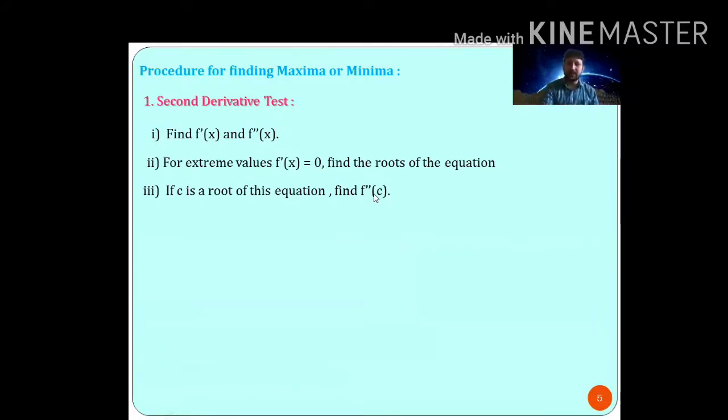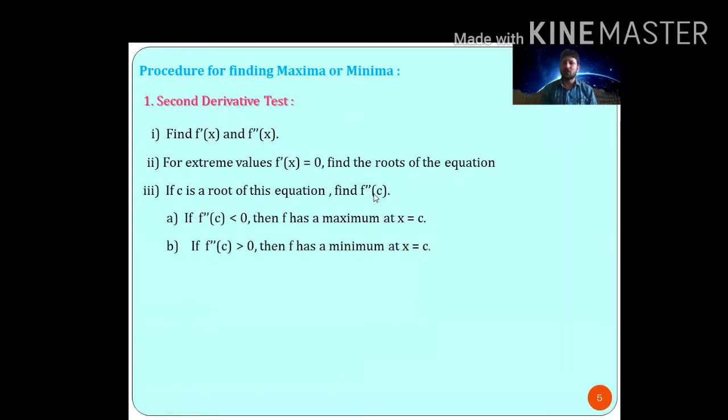Condition first: if the value of f double dash of c is negative, less than 0, then the function has a maximum value at x is equal to c. Second order derivative answer negative, function has maximum value. And second case: if the second derivative at that point c is positive, then the function has minima. So f double dash of c greater than 0, function f has obtained a minimum value at point x is equal to c.